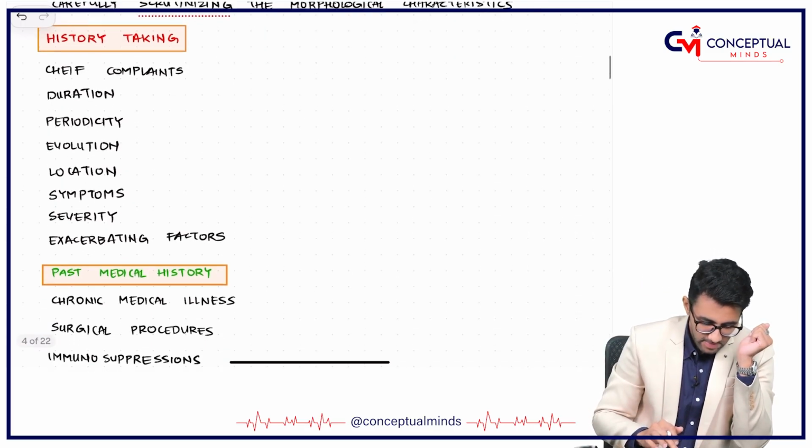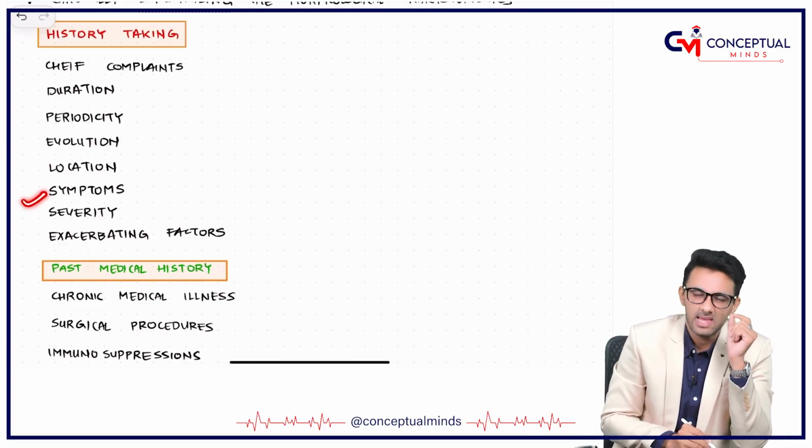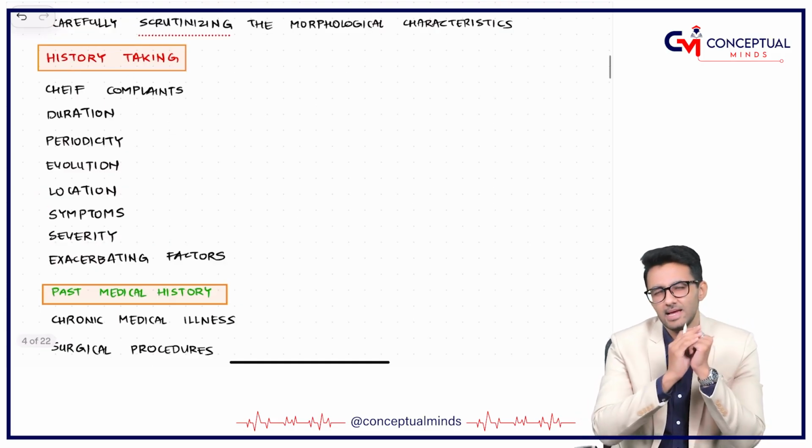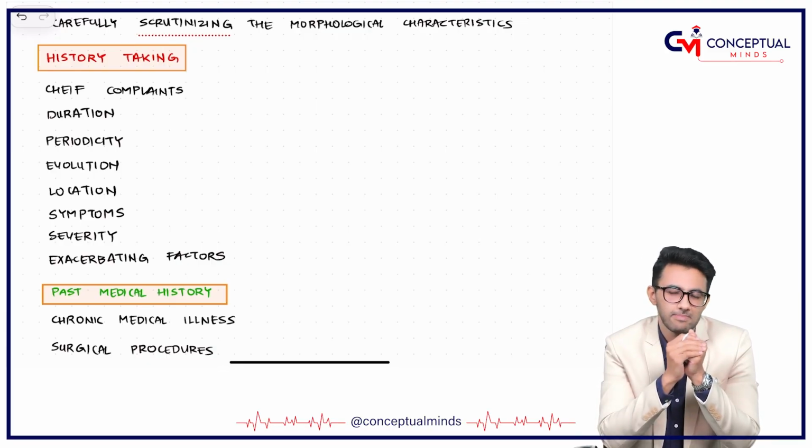The next one is the location, where is it happening, and the symptoms pertaining to it as well. The last point here is what worsens it: what factors make it worse, what factors make it better.